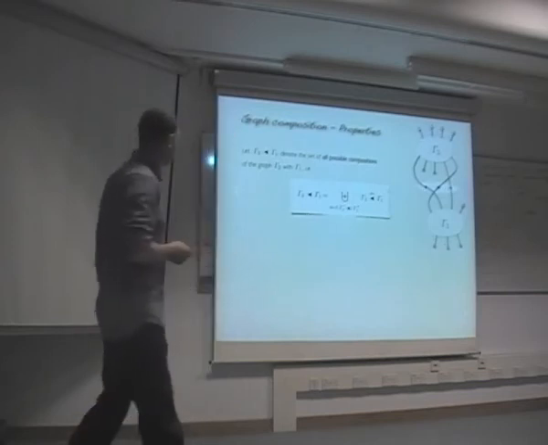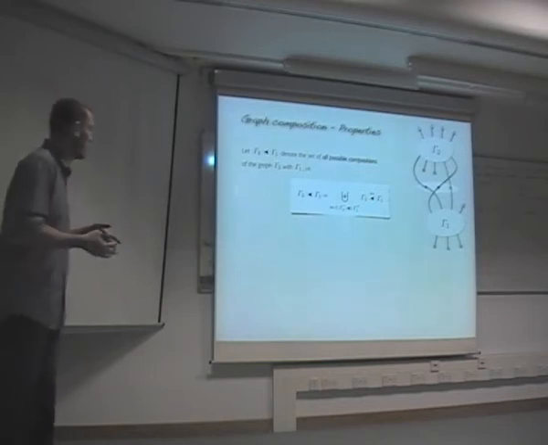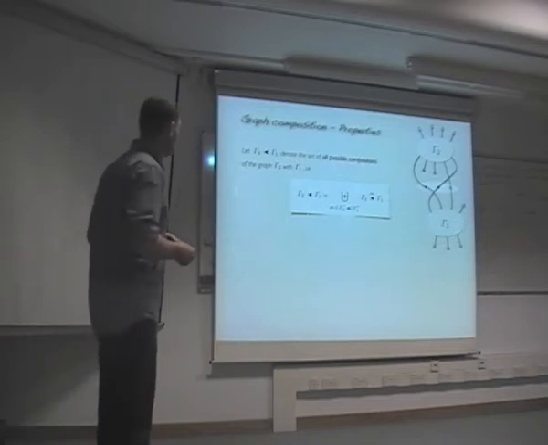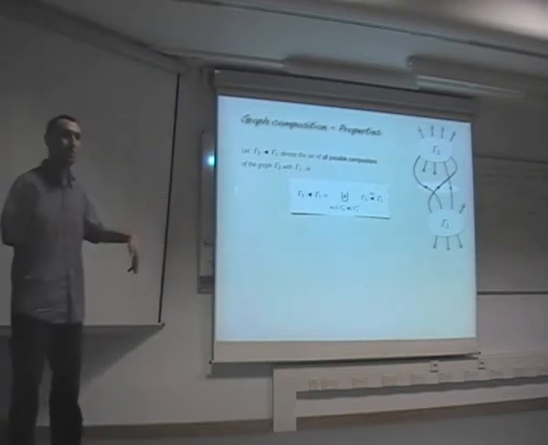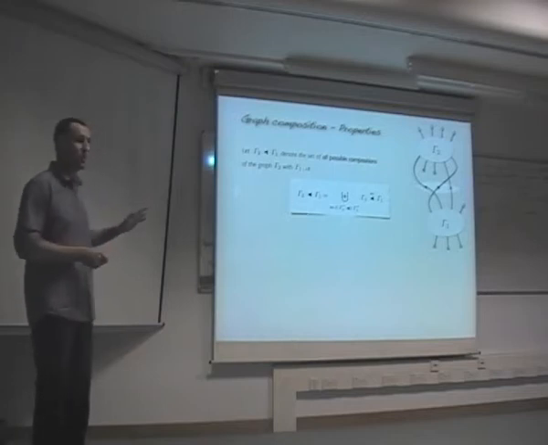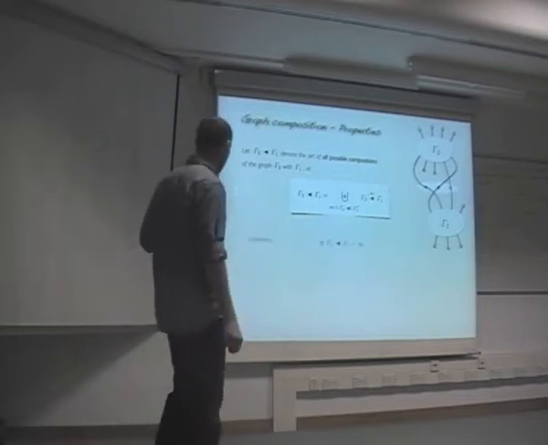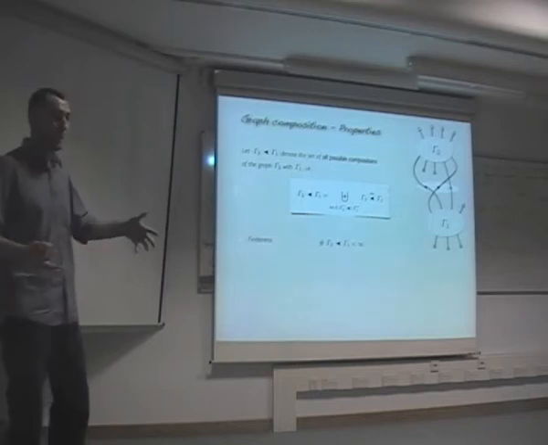All right. So this notion of composition has a few nice general properties. Suppose that I am given two graphs, gamma 1 and gamma 2, and I will denote in this way a multi-set of all possible compositions of the two graphs. First of all, this multi-set is of course finite.